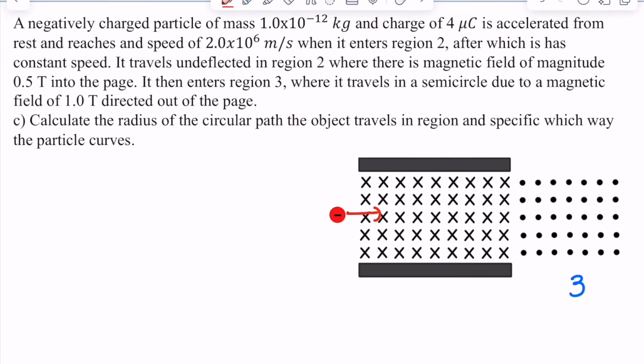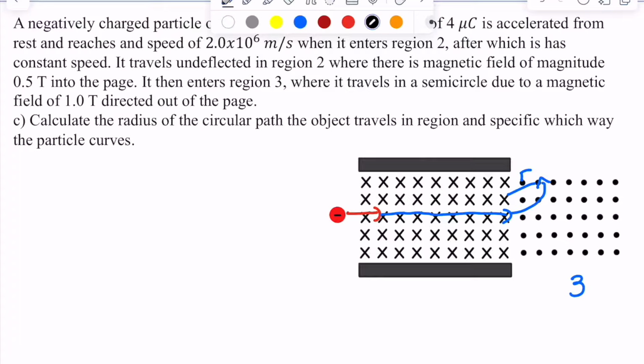In the third region, the particle is going to curve, and it asks to calculate the radius of curvature and which way it curves. So for the direction it curves, it's the left-hand rule again. The particle will travel straight, then left-hand rule, fingers out of the page, thumb pointing to the right, and the force would be up. So the particle is going to curve upwards.